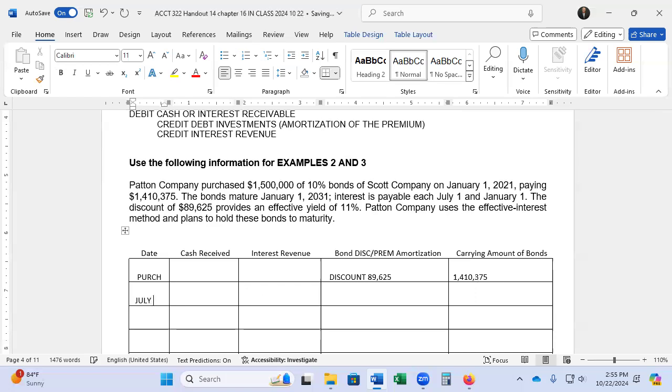On July 1, the company expects to receive 1.5 million times 0.1 times 6 divided by 12, or 0.5, because that's the amount of time that has occurred, 6 months. And so the payment is 75,000 that they're going to receive.